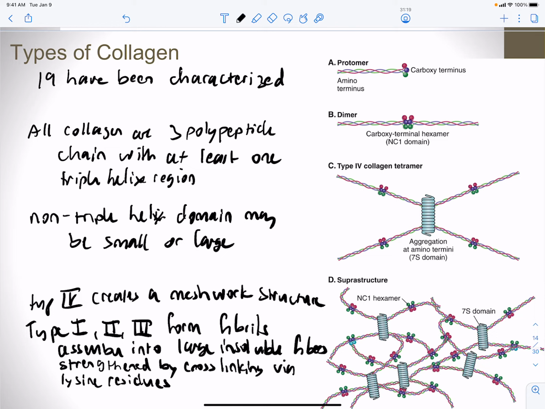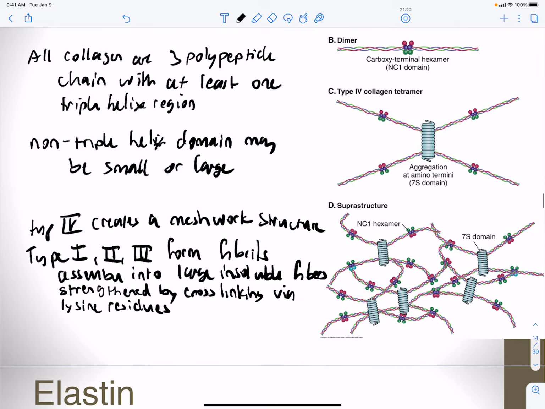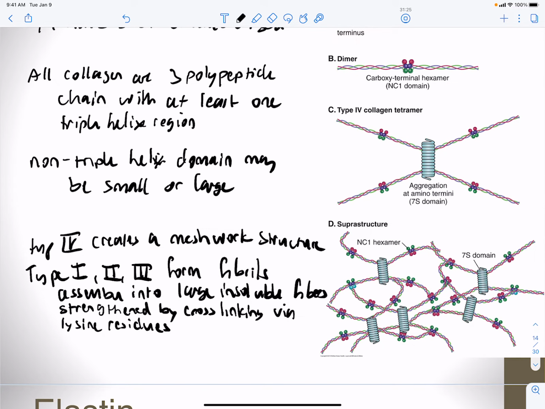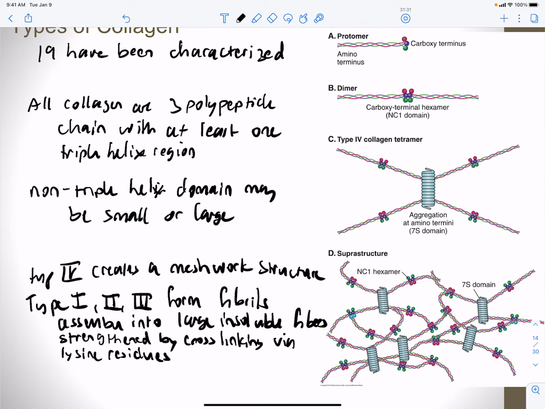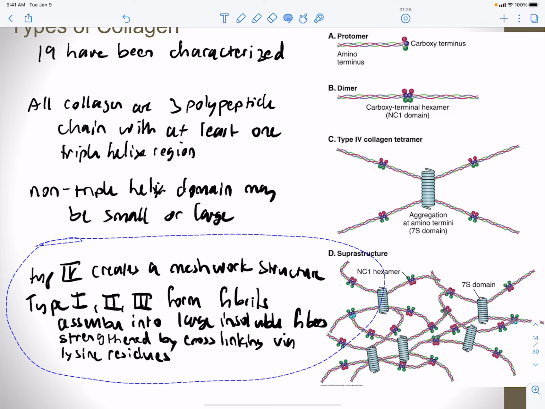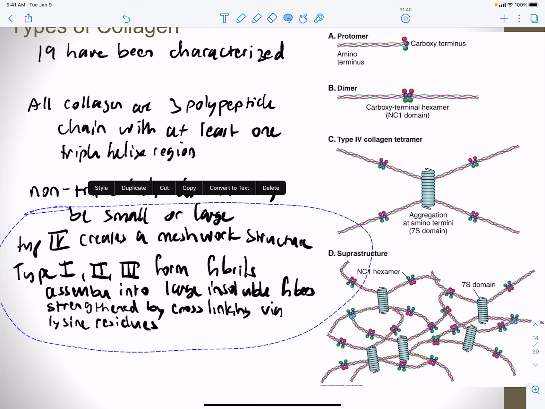And then these cross-links are all going to give them their different types of structures. So some of these structures, I'll just give a few examples. You have your tendons.